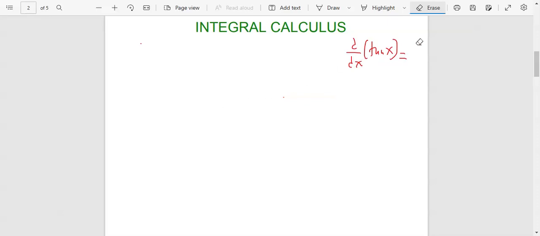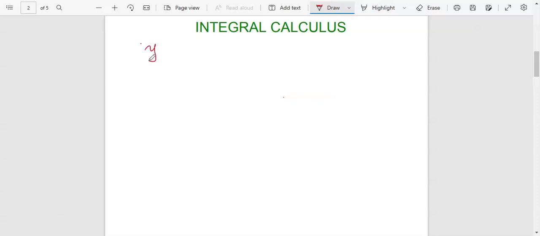Yes, the derivative for tan is sec squared x, meaning that if you integrate sec squared x, you are going to get tan x. And also, when you differentiate sec x, you get sec x tan x, meaning that if you integrate sec x tan x, you are going to get sec x. So that is as an antiderivative.